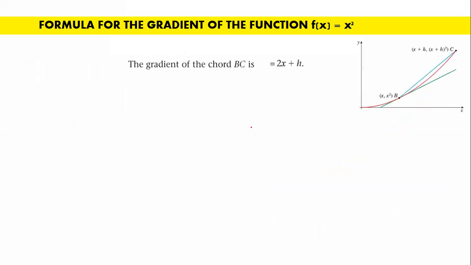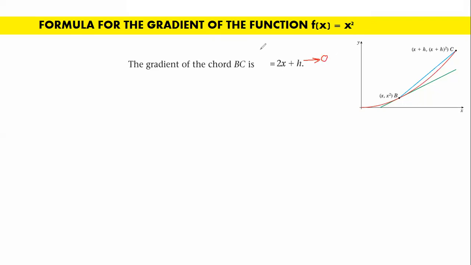Then we will look at this formula. The gradient of chord BC is 2x plus h. But we want the gradient of the tangent at B. In order to get the gradient of the tangent at B, we have to send the value of h to 0.